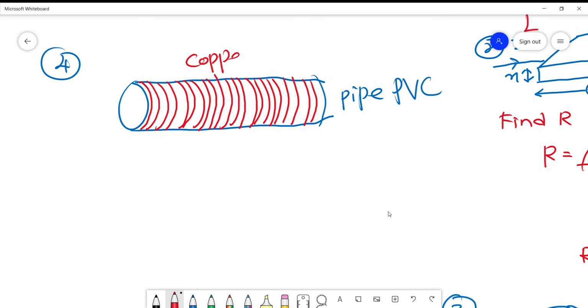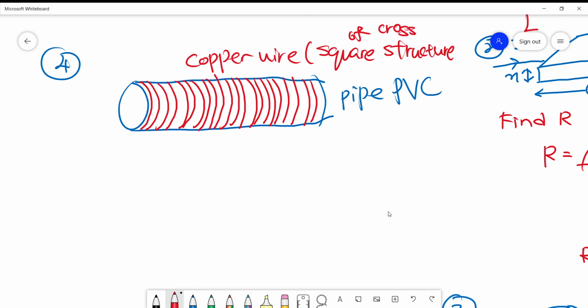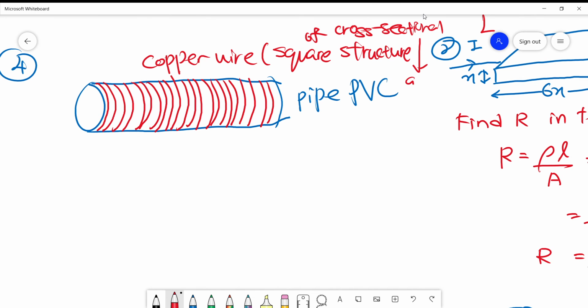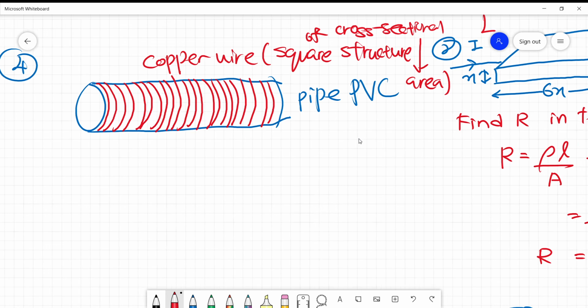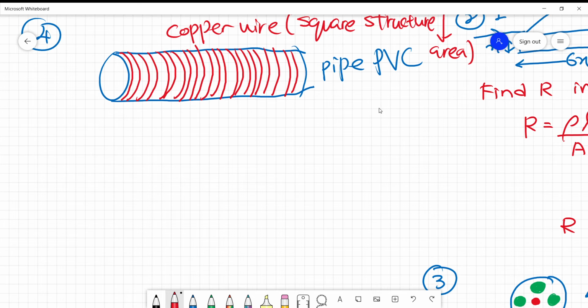As a note here, the copper wire has a square cross-sectional area. So this copper wire consists of a square cross-sectional area.